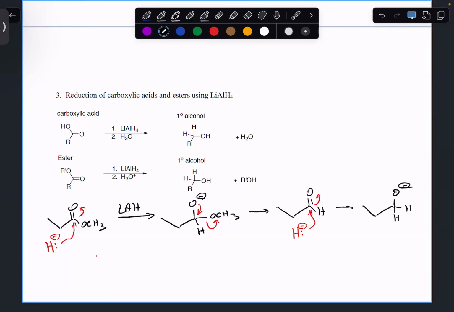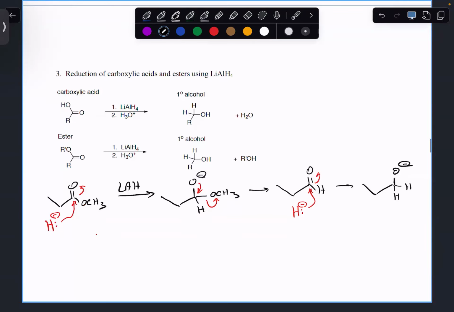And at this point, there really is no possible leaving group. So this thing will just hang around until you acidify the solution. And then you protonate the alkoxide.